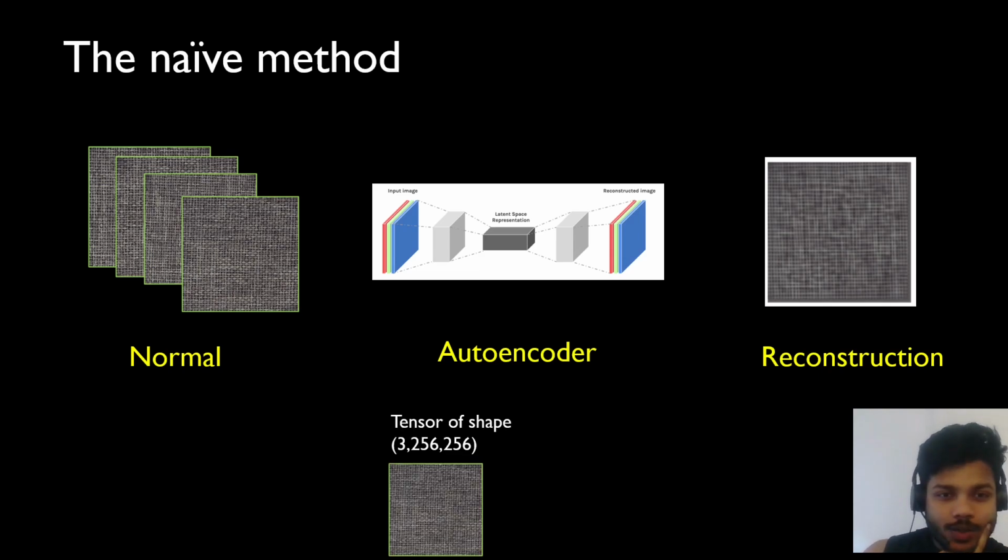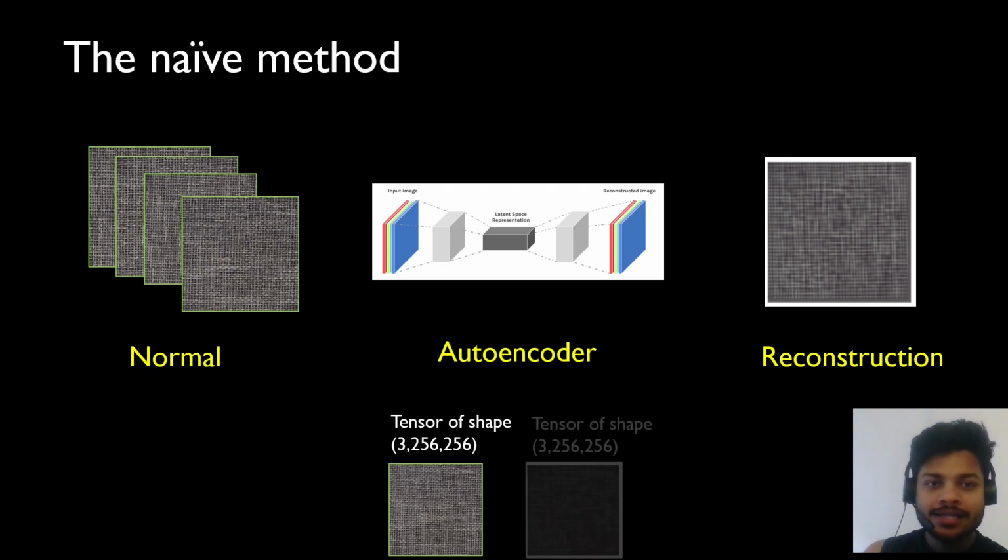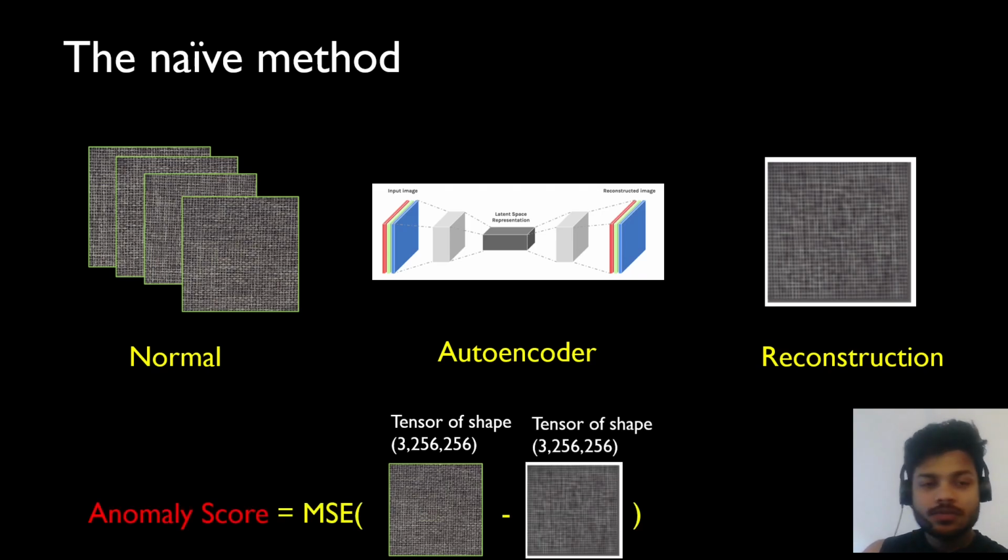To detect whether the data belongs to the normal case or anomaly case, we just take the difference between the input to the autoencoder and the output. We do the difference by using mean squared error. That is what we call the anomaly score. The smaller the anomaly score is, the higher the chance it belongs to normal data. The higher the anomaly score, the more likely it belongs to faulty or not okay data.